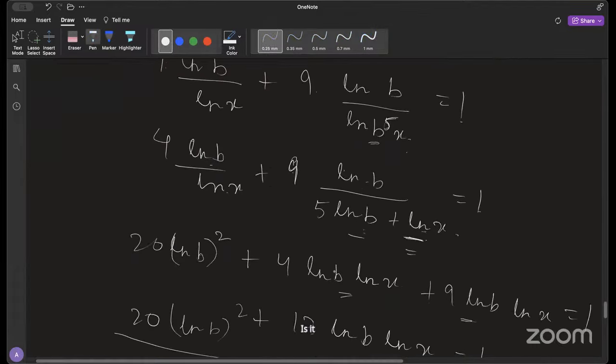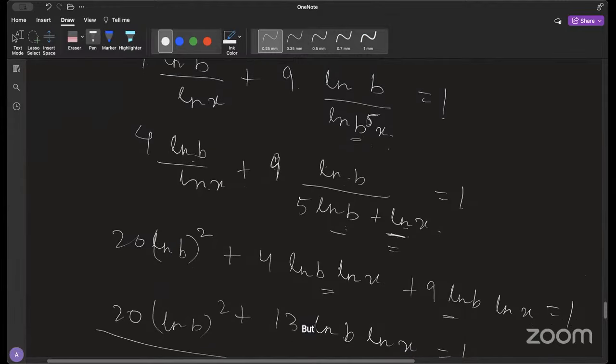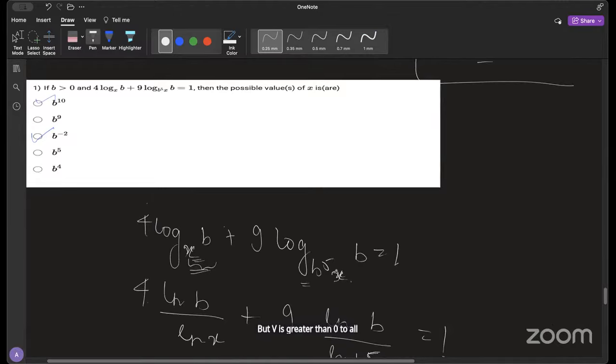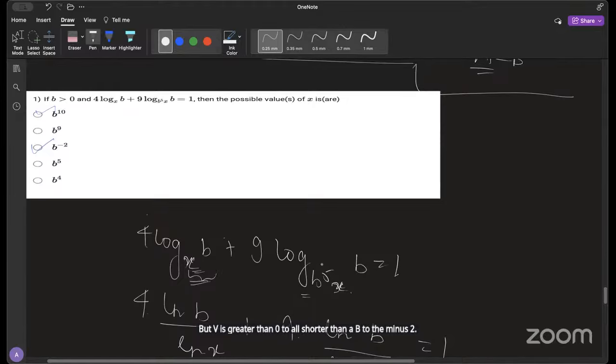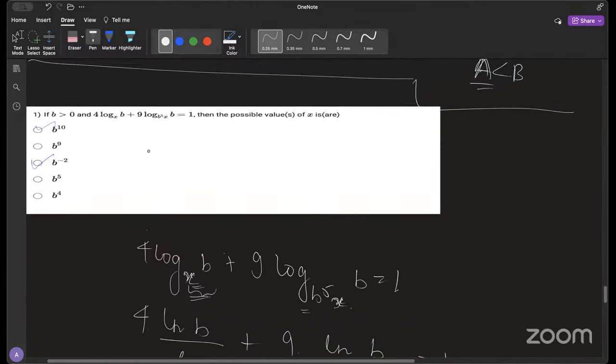But b is greater than 0, so we will leave b to the power minus 2. No, that is 1 upon b square. Why would you leave this? b raised to minus 2 is 1 upon b square. Then why is the answer only b to the power 10? That must be a mistake.